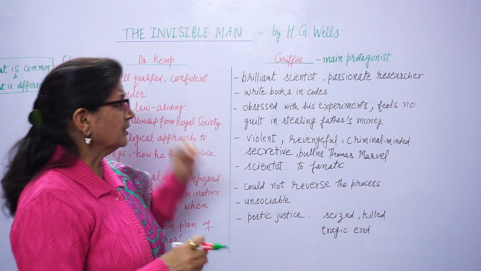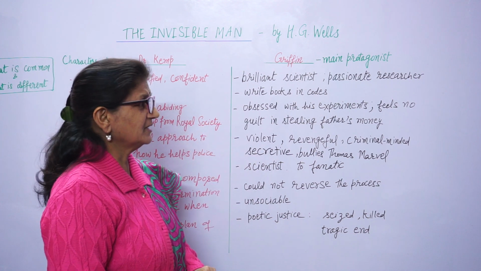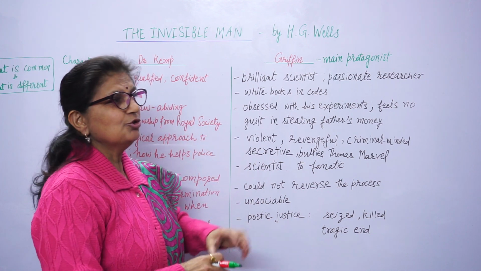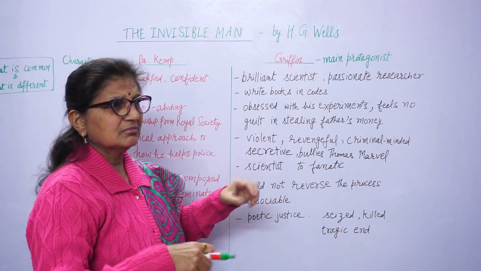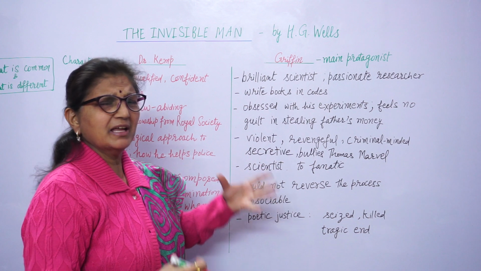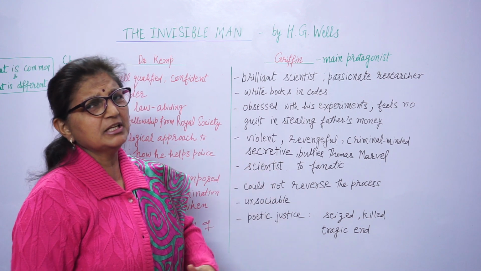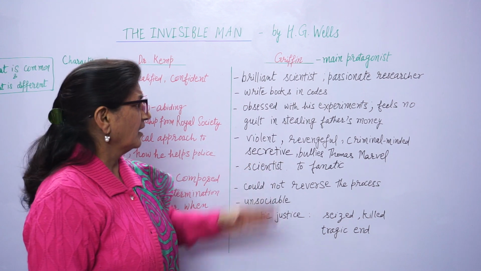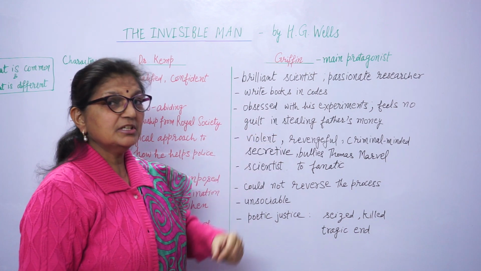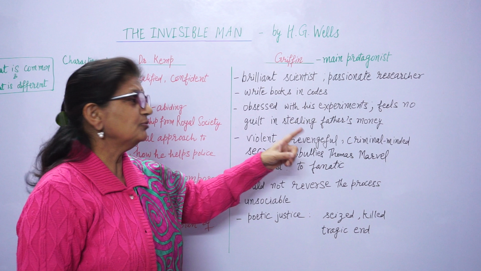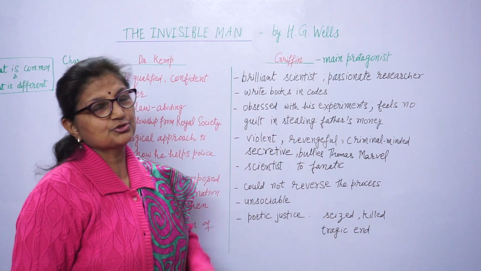He was so much obsessed with his experiments that he felt nothing negative when he stole the money from his father. And you know, his father committed suicide when he came to know that his money was stolen.